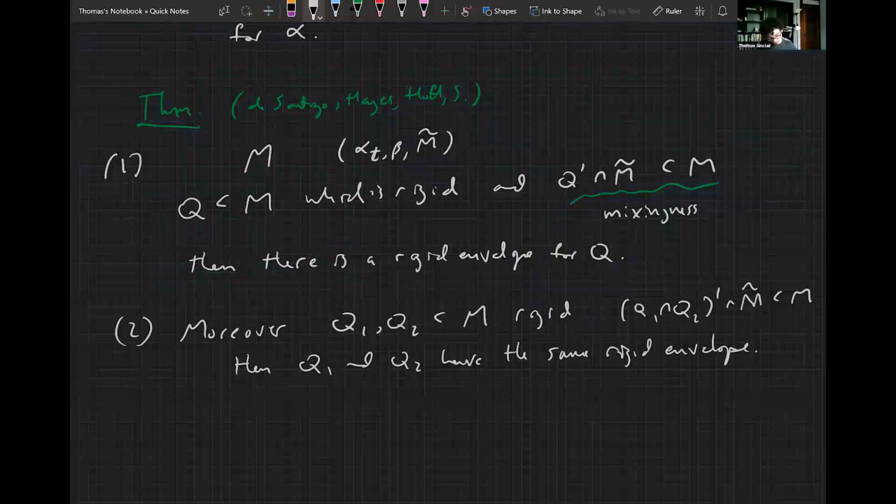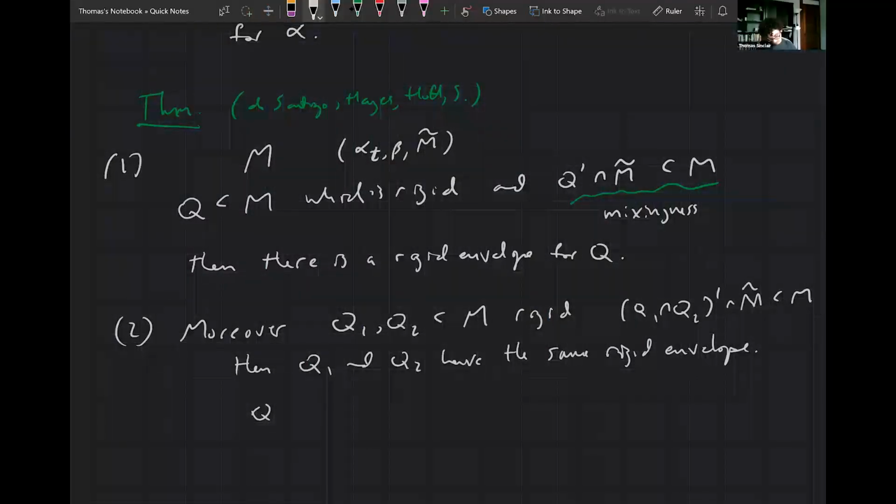In particular, the algebra that they generate has to be rigid.